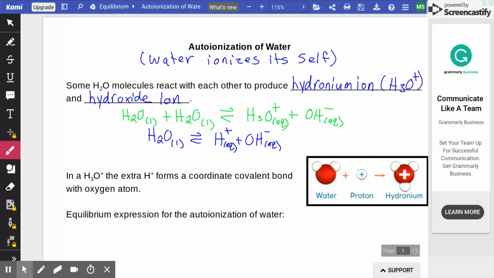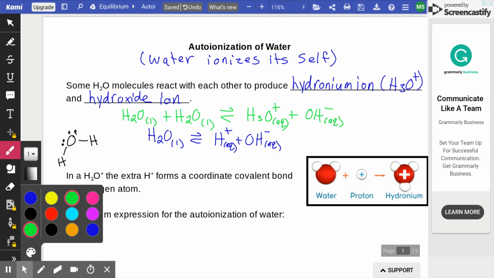And if we remind ourselves, our water molecule looks something like this. And when it forms a hydronium ion, it actually bonds another hydrogen, so it looks like this. So our hydronium and our hydrogen ion is really just telling us that we have this extra hydrogen attached to a water molecule.